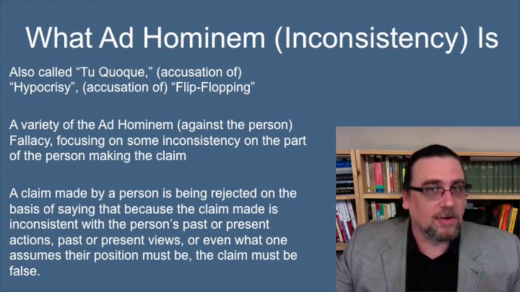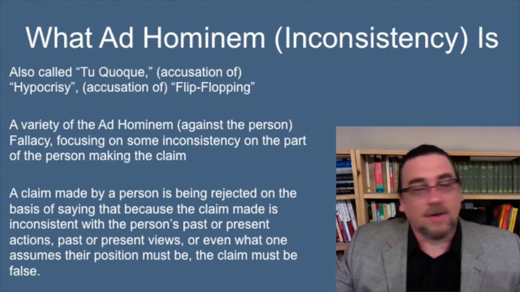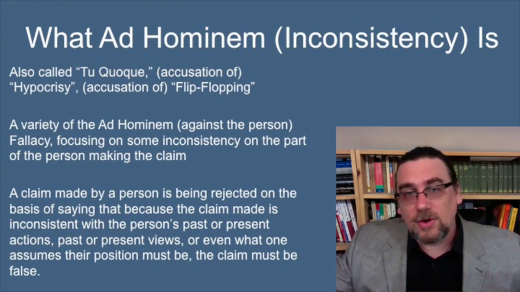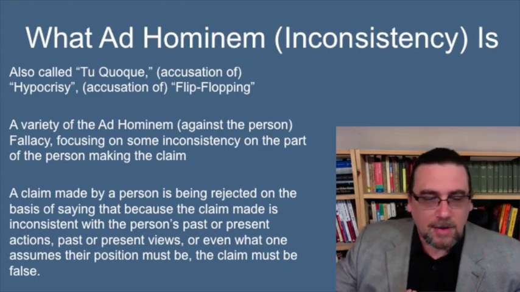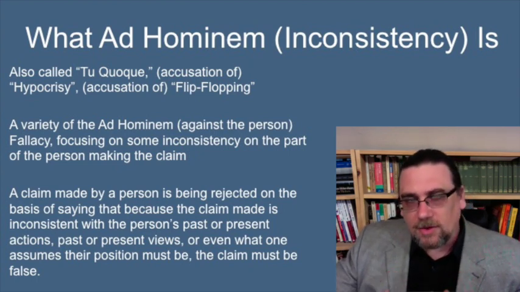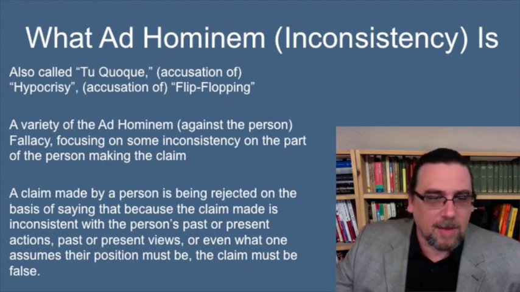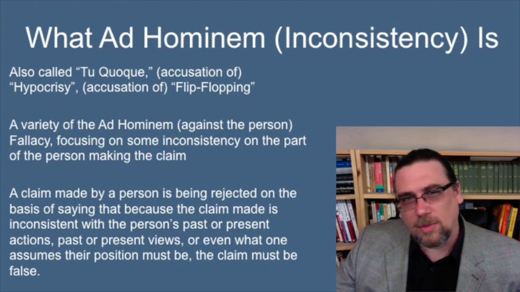It could even extend to, if we're talking about entire groups or institutions, we could be thinking about policies as well. And it says because there's this inconsistency, therefore the claim must be false. That's where the real problem lies.